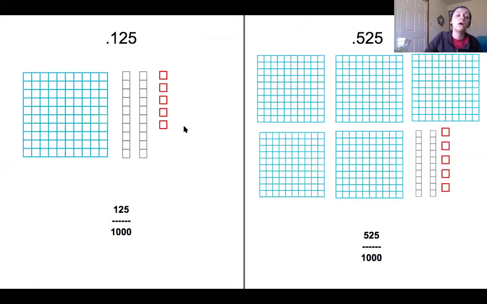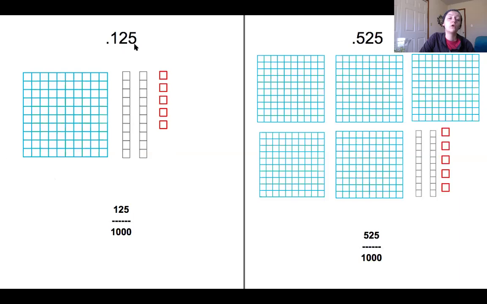This flat represents the number of tenths in your decimal, because it takes 10 of these to make one whole. These right here represent the number of hundredths in your decimal, and the individual cubes are the number of thousandths.